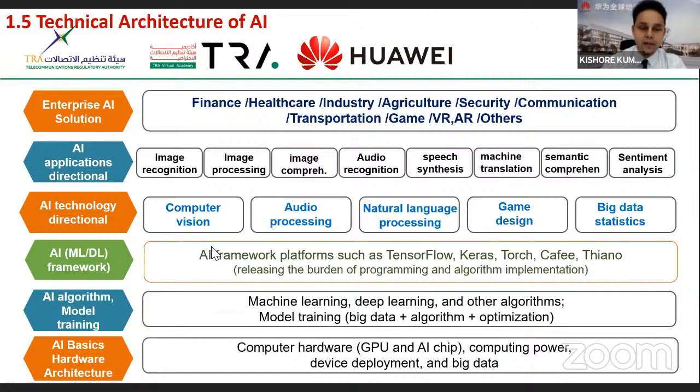On top of that, we have some open source or customized platform that gives us the ability to utilize different libraries of those machine learning and deep learning functions, for example, TensorFlow, Keras, Torch, Caffe, Theano. These are deep learning and machine learning platforms. On top of those platforms, you can provide different types of functionalities or services.